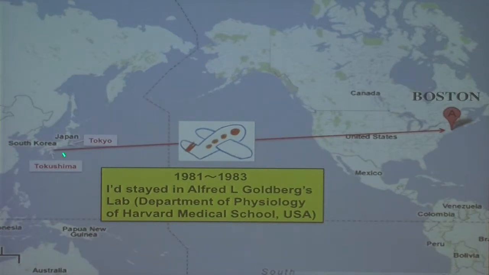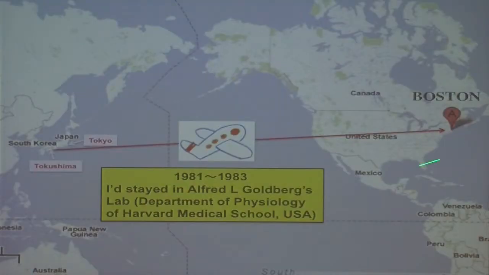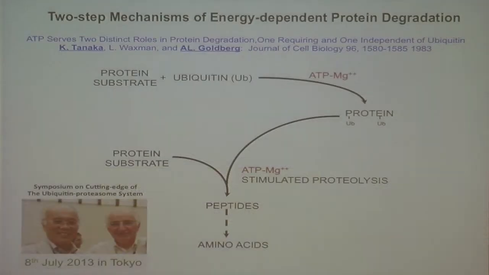From 1981 to 1983, I went from Tokushima, my native town, to the United States, to Alfred Goldberg's laboratory for 2 years. During this time, I made findings summarized in this slide. As I told you, ATP is required for the ubiquitination reaction.